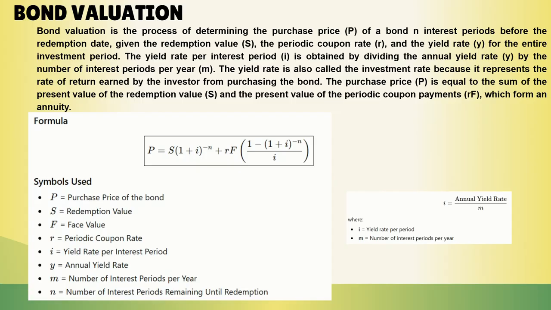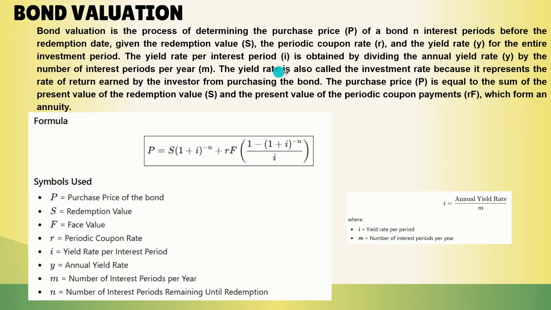Bond valuation is the process of determining the purchase price of a bond an interest period before the redemption date, given the redemption value, the periodic coupon rate, and the yield rate for the entire investment period. The yield rate per interest period is obtained by dividing the annual yield rate by the number of interest periods per year.